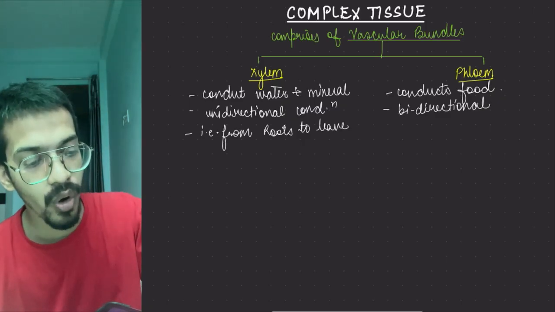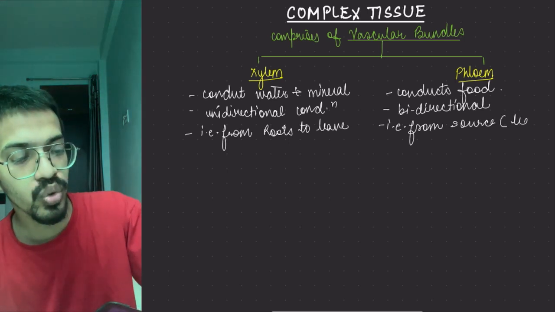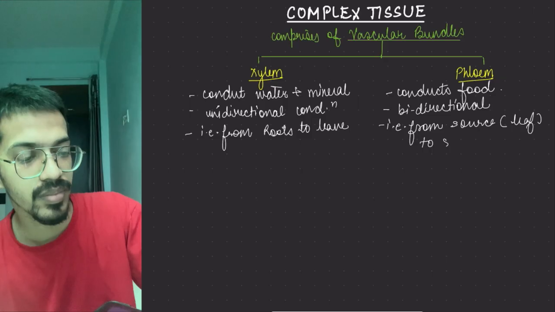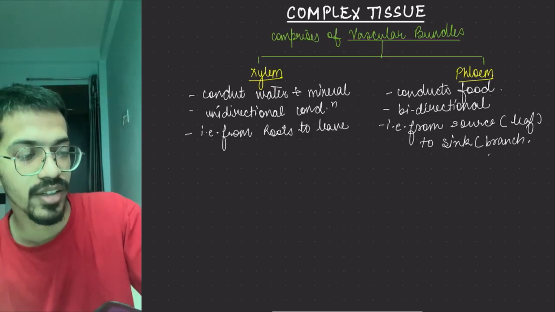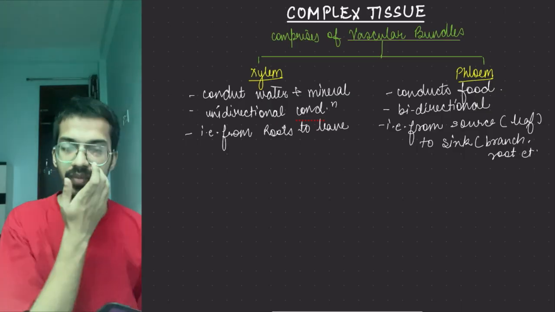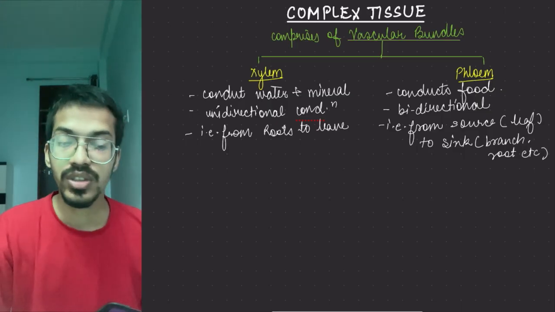That is from source, that is leaf, to sink. That could be branch, root, etc. Any part. Flower also. So these are the two parts.